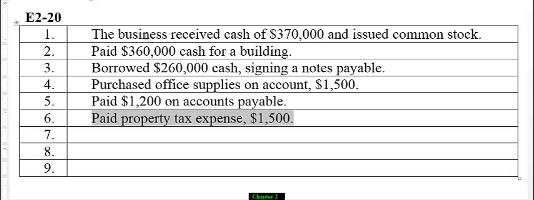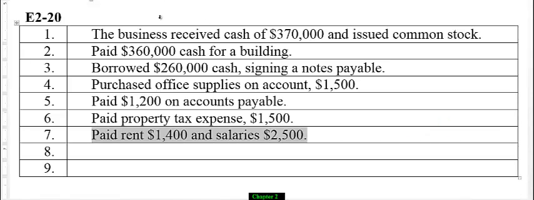So we have to look again, and we see salaries expense is $2,500. So not only did we pay for rent in cash, we also paid for our salaries expense. So cash went down a total of $3,900, and rent and salaries expense went up as a debit.